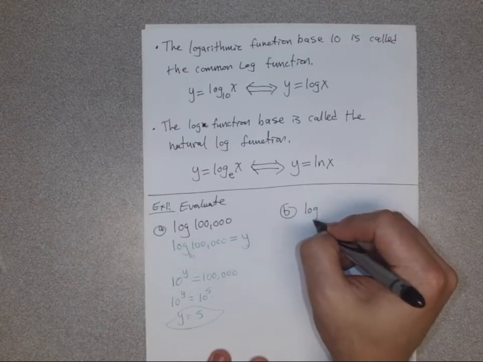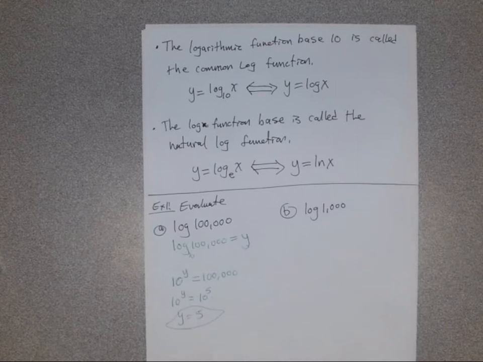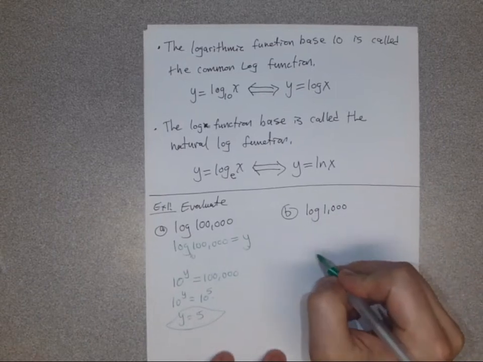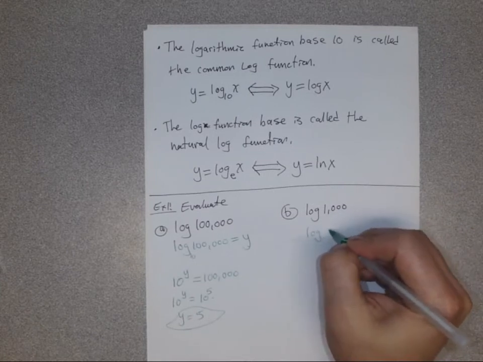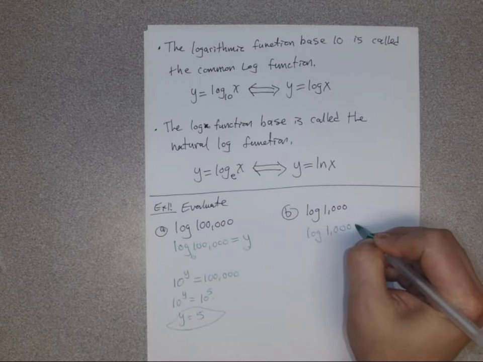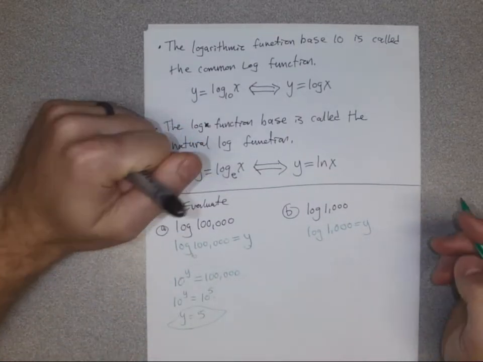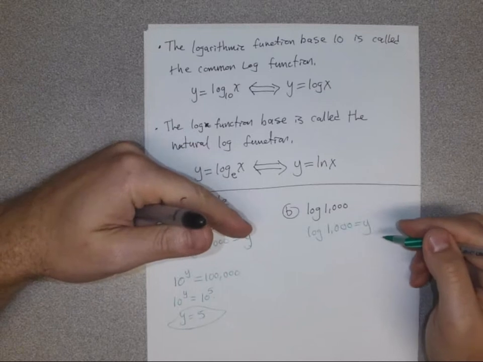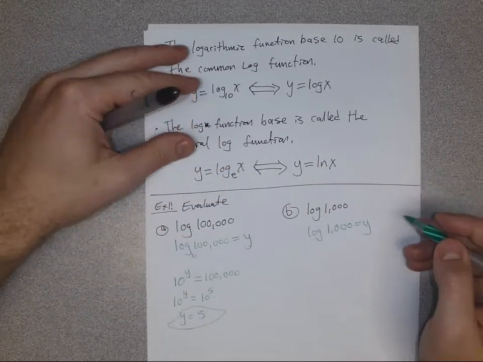You try this one, log of 1,000. All right, so I need to evaluate this, so I need to set it equal to something. Then that allows me to start working with this and manipulating it. So now I have it in logarithmic form. If I convert it to exponential, maybe that will help me with my answer.